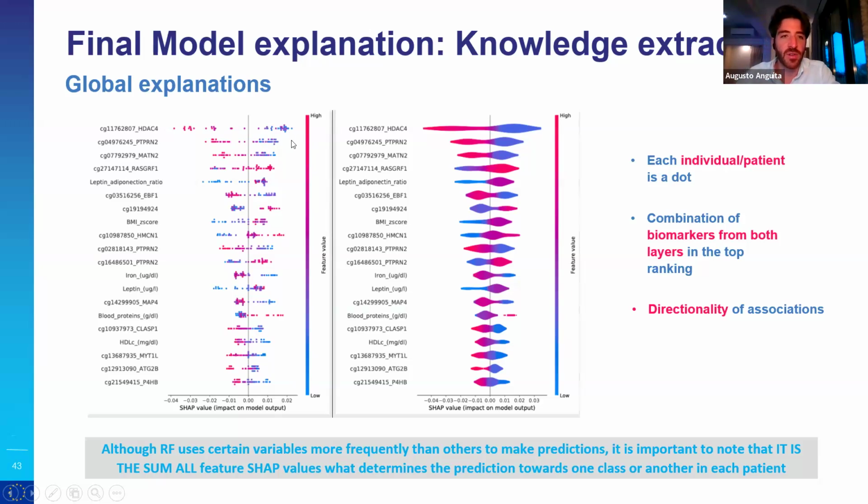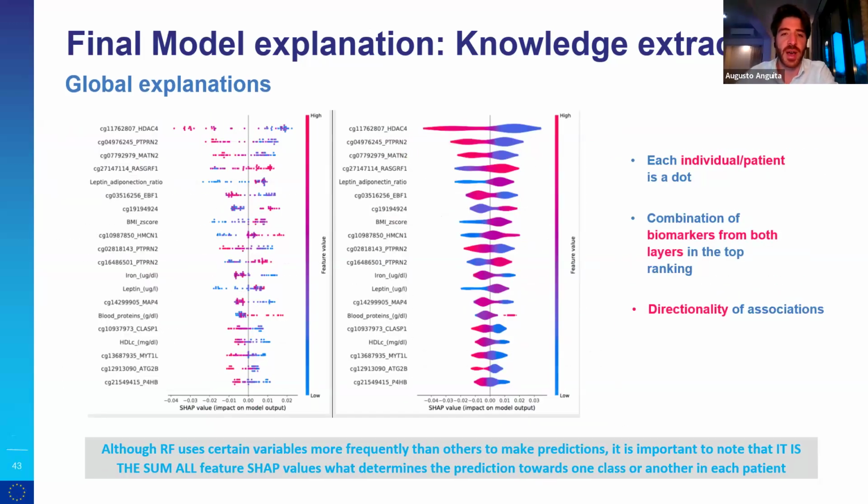And high values of this CpG, of this gene, are moving individuals to be in the negative class. So what we are seeing here is that a hypermethylation of this gene, a higher level, will be protective for our disease. So we are extracting information about the directionality of each association. And this is very interesting for generating new knowledge.